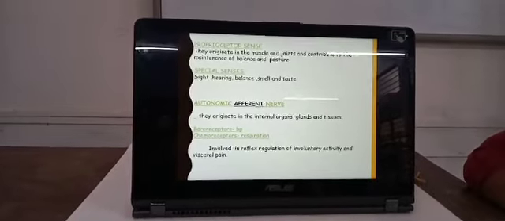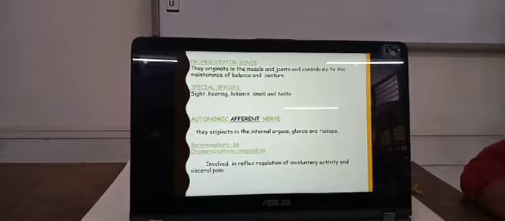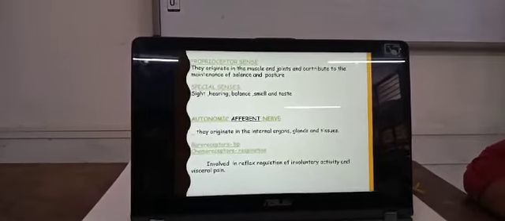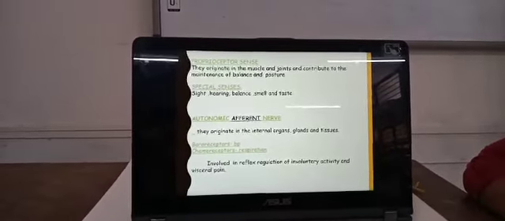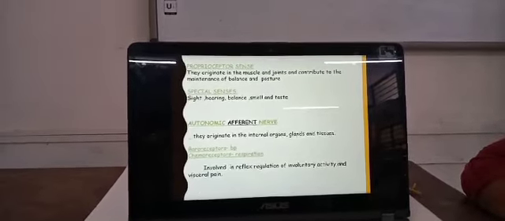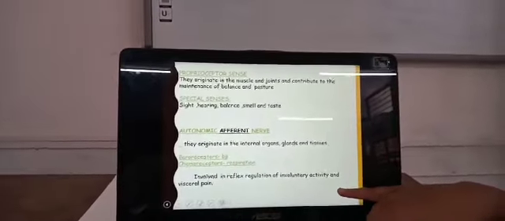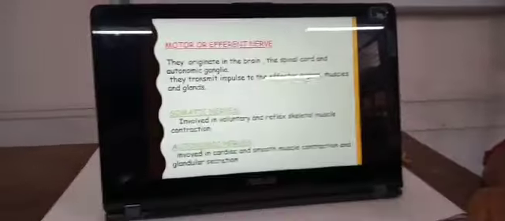Next, going to the autonomic nerves. The autonomic nerves are also known as efferent nerves. Now, they originate in the internal organs, glands and tissues involved in reflex regulation of involuntary activity and visceral one.